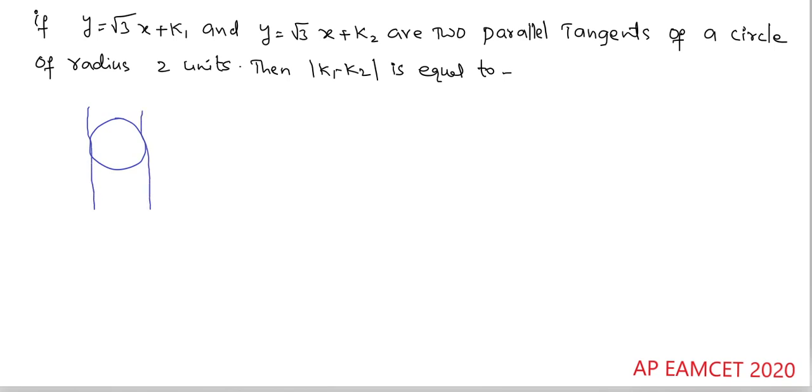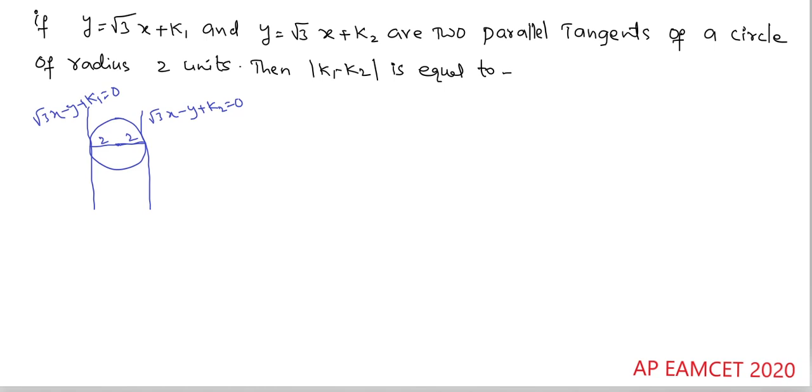These two are parallel tangents, that is root 3x minus y plus k1 is equal to 0. This is root 3x minus y plus k2 is equal to 0. So, and radius of the circle is given. This is the radius of the circle. This is 2 units and this is also 2 units.